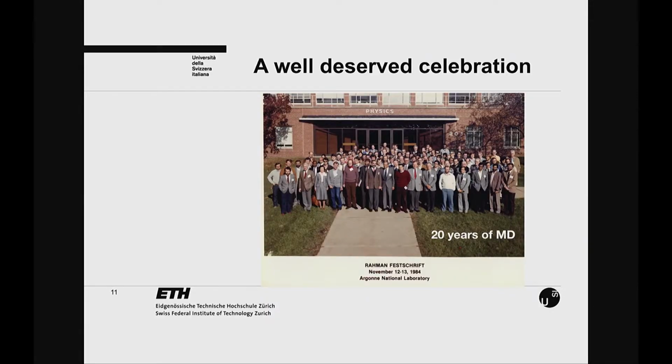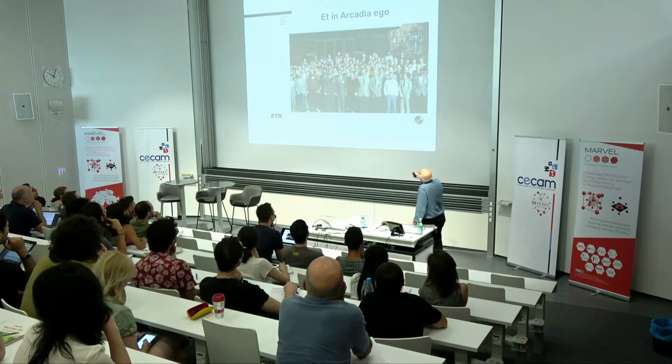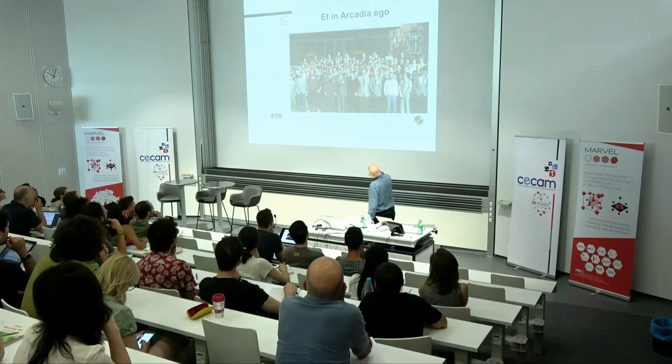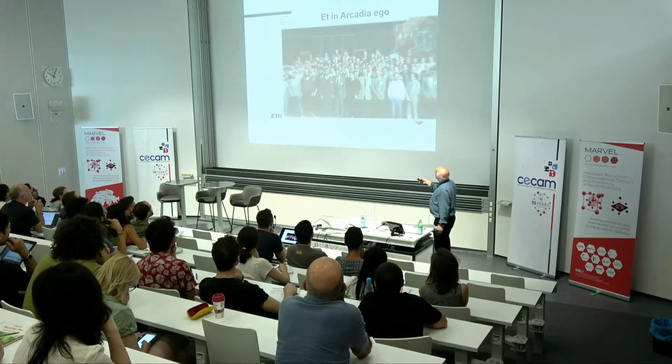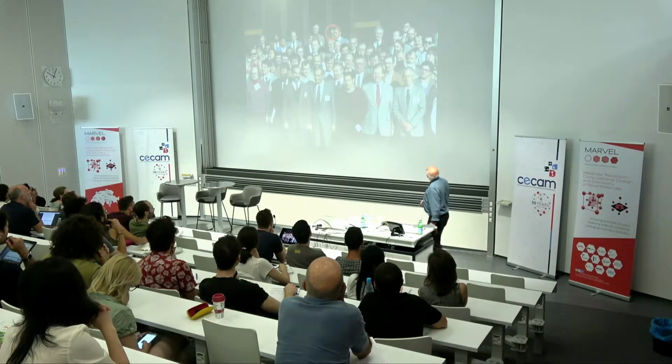You're wondering whether I am in there? Okay, so indeed. And you can recognize some people that are. This is Hans Andersen, Chandler, Bruce Berne, Charlie Bennett, Dan Frenkel is here, and many, many other people. Yip Kuchi, for those of you who met him, and that's it. That's little me hidden in a corner. Okay.